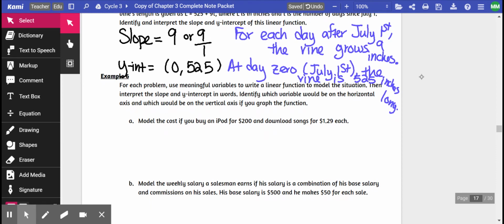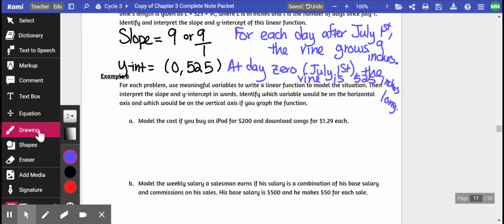Example 6 says for each problem, use meaningful variables, and I'm not going to worry about us using variables other than x and y. I think it's easier for us to use that, to write linear functions to model the situation. And then I'm not even going to worry about us interpreting it, so I just want us to write what these would be with mx plus b.